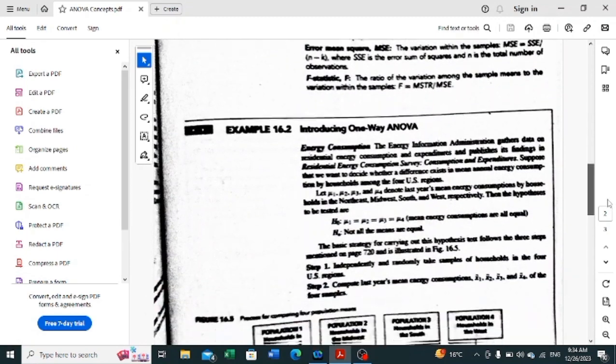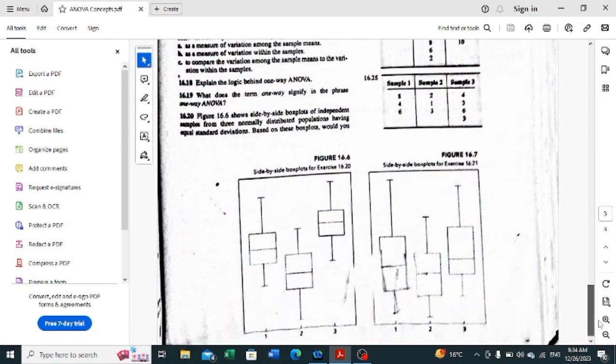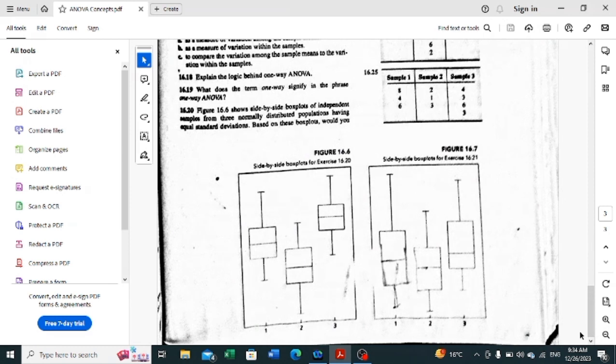Now let us look at the graphical depiction of another measure of dispersion, the interquartile range, with the help of the box plot. The box plot, we all know, is based upon the five number summary: minimum, lower quartile, median, upper quartile, and maximum.